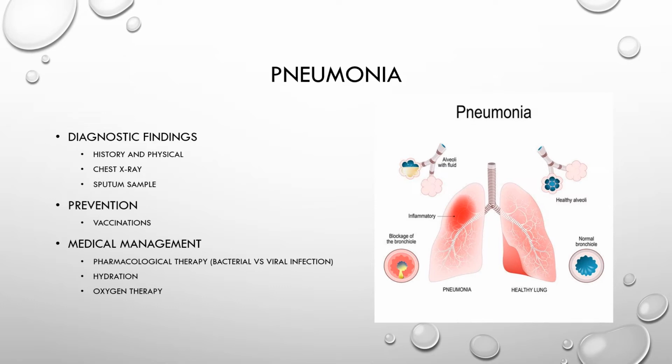We want to encourage hydration because, as we know, both tachypnea and fever leads to an increase in fluid loss, so we would want to encourage hydration for the client. If any hypoxemia develops, the client may need oxygen therapy. Antipyretics or antitussive medications may also be used if the client is having any fevers or any harsh cough.